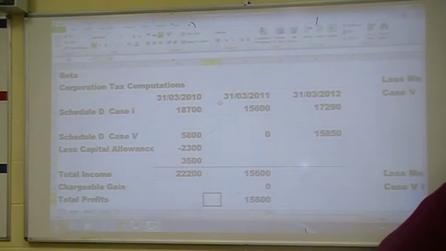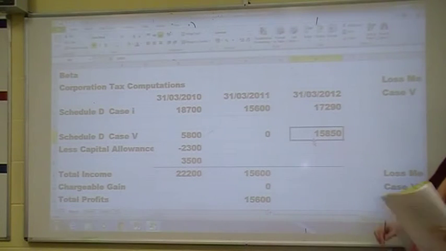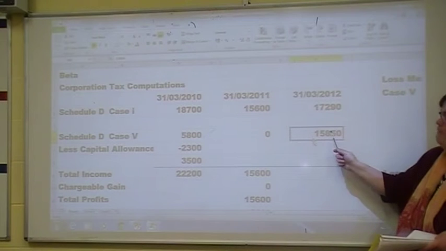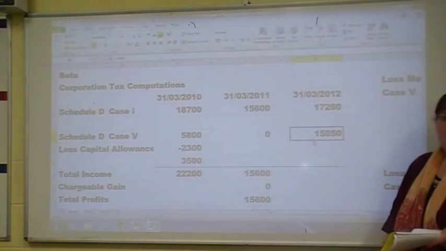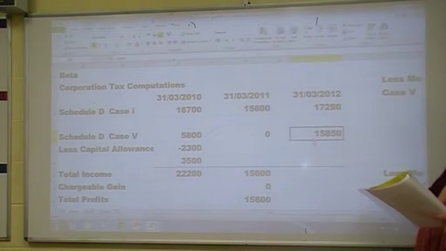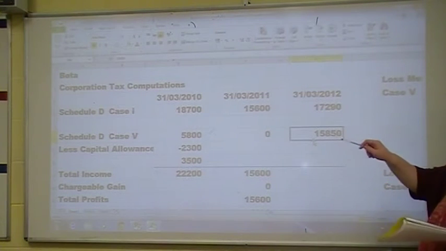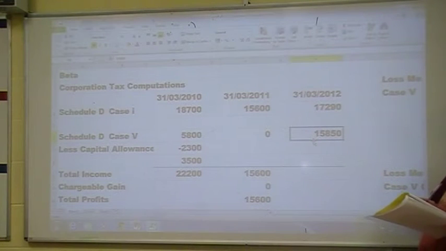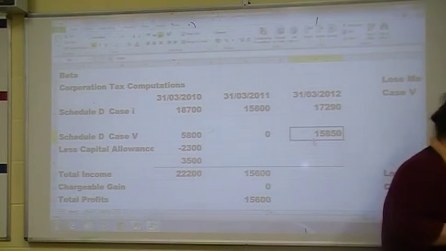Inside the 12 now we have case 1 of 17,290 and we've got case 5 of 15,850. So against that now we're going to push the 2,100 capital allowances. I'm going to carry forward our 10,400 loss from the year before.